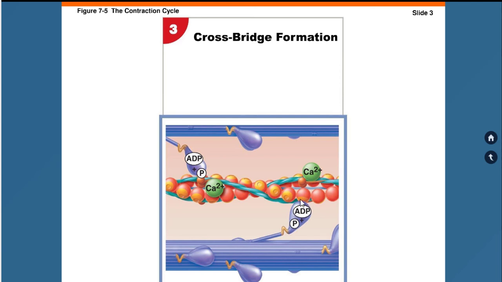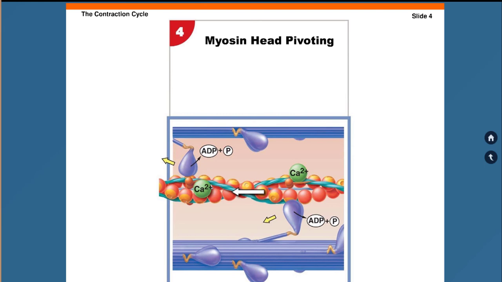During the power stroke, the phosphate generated in the previous contraction cycle is released. This results in the myosin head pivoting toward the center of the sarcomere, after which the attached ADP and phosphate group are released. The myosin head binds and pivots to the center of the sarcomere, like this movement.